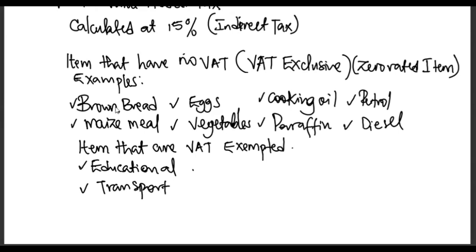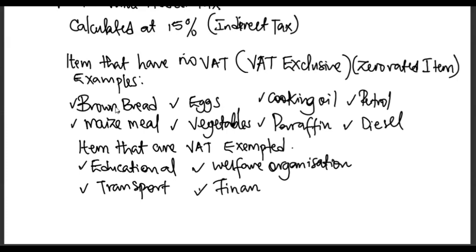We have the welfare. This is to do with well-being. The welfare organizations, they are not charged with VAT. Financial services, they don't have VAT on them. Actual welfare, this is where also rent falls, just to ensure the well-being of a human being.